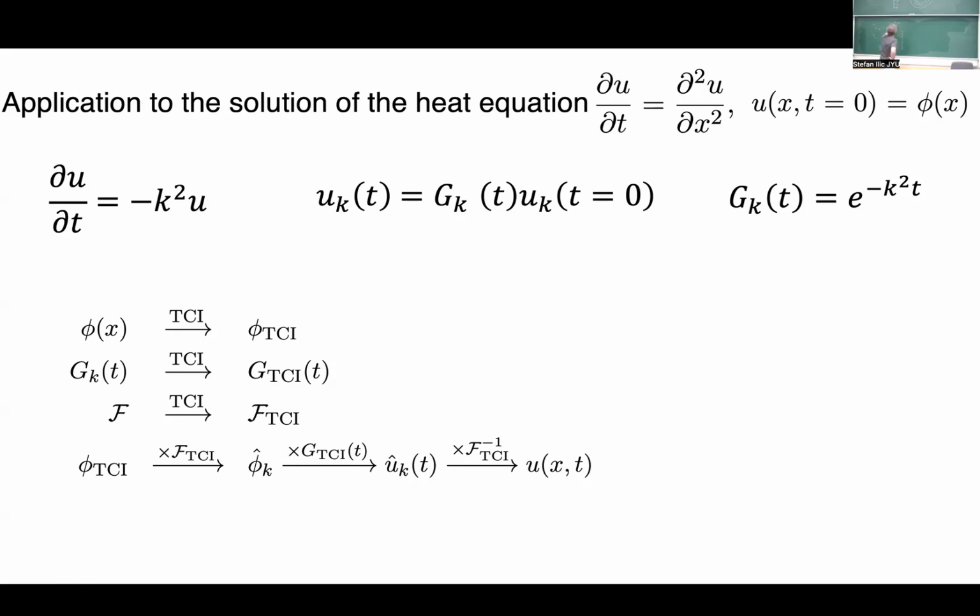Let me call them X and K. Let's say we have X1, X2, Xn. And this is one case where the ordering actually matters a lot.